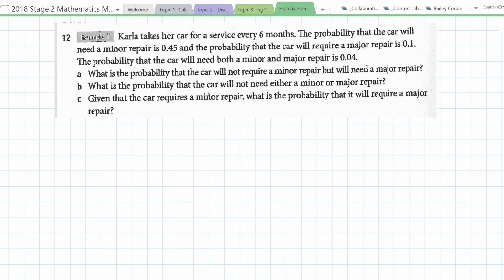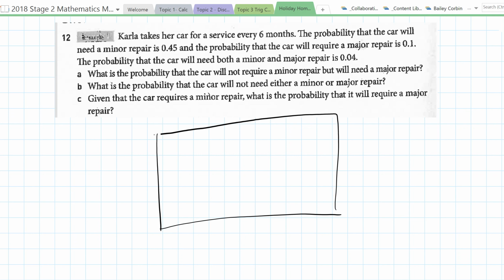I would approach this, that's actually the first time I read that one, using a Venn diagram. So I would be thinking a bit like this. Minor, I'm going to call MI, and major, which for some reason gets a bigger circle, is MA.